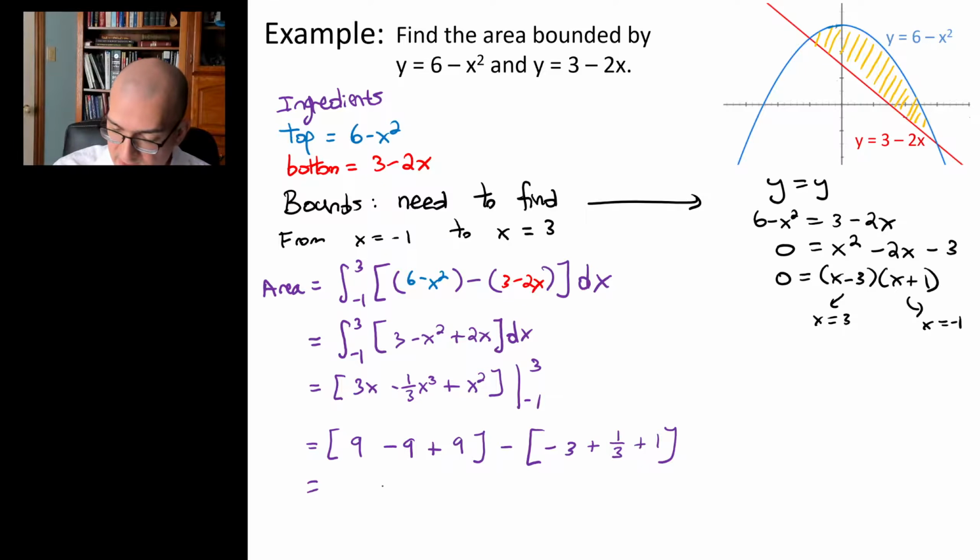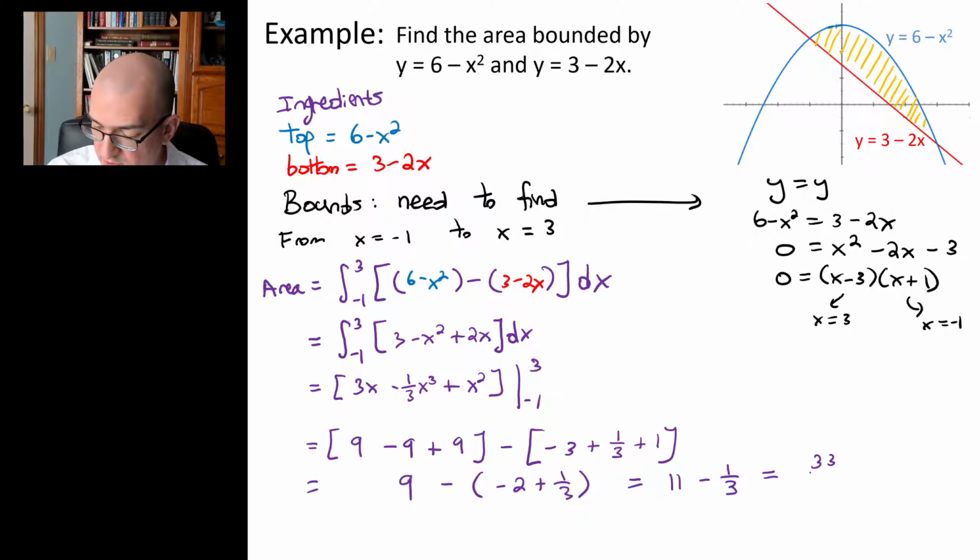And then simplify. So 9 minus -2 plus 1/3. So 11 minus 1/3. So 33 over 3 minus 1 over 3, 32 over 3.